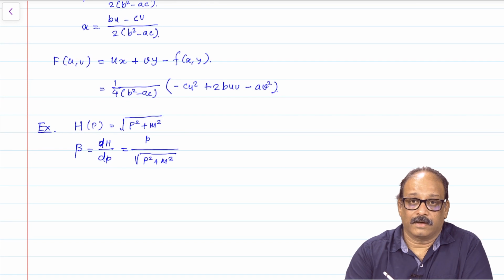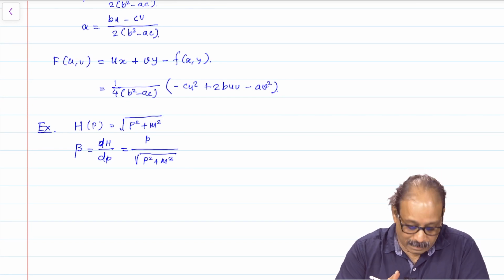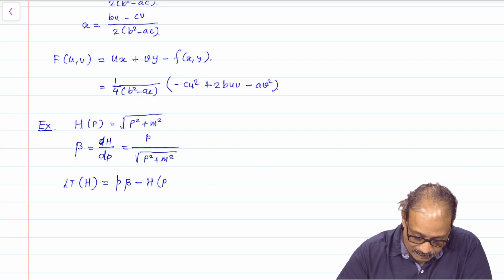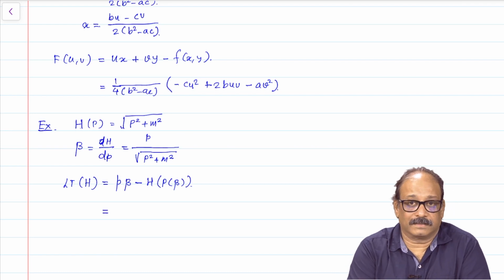And now, you write down the Legendre transform of H. So, the Legendre transform of H will be equal to p times beta minus H of beta, and simplify this.